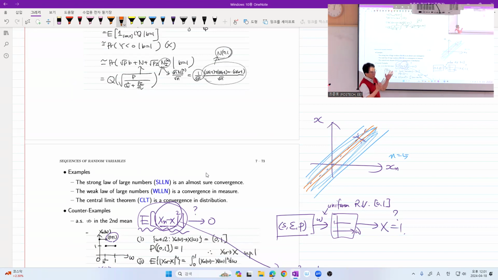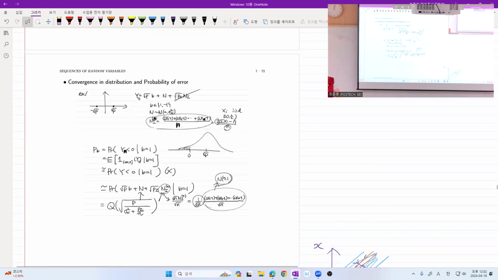And that gap becomes smaller and smaller. Sometimes you want to show that, and that is convergence in the almost sure sense. So we need different techniques to show the convergence in the almost sure sense, in the mean, in the probability measure, in distribution. Let's see some examples.